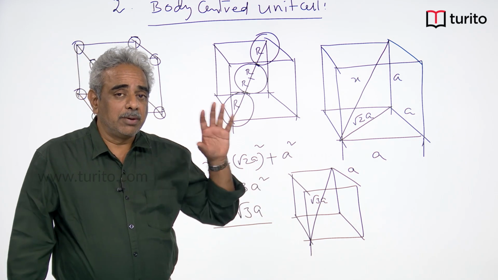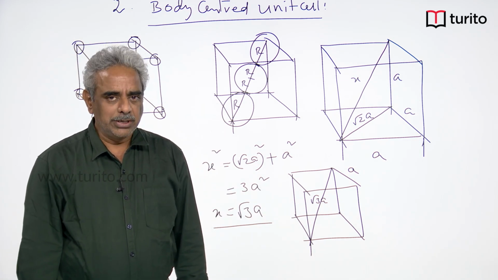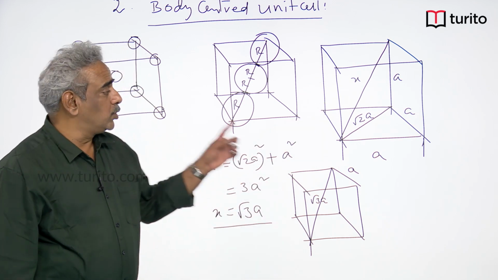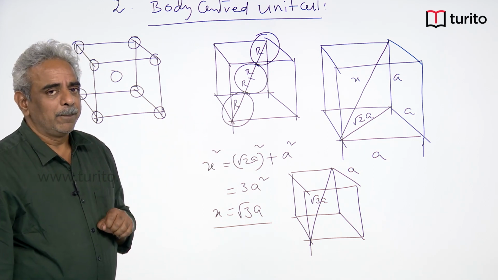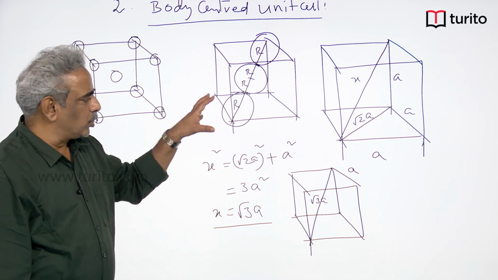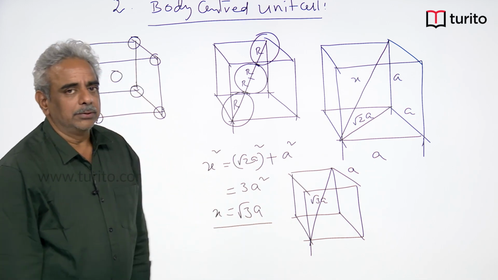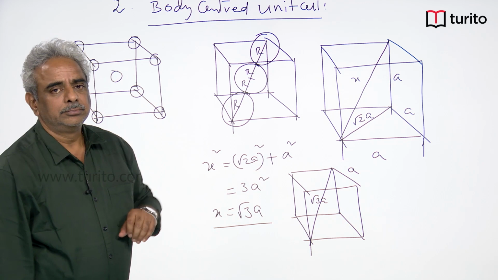All these things one must keep in mind while solving problems in solid state chemistry. You require everything. That is why I am using my own diagrams and logic, so that you can clearly see and understand the approach. See, the body diagonal is root 3 A. It is covering how many radii?